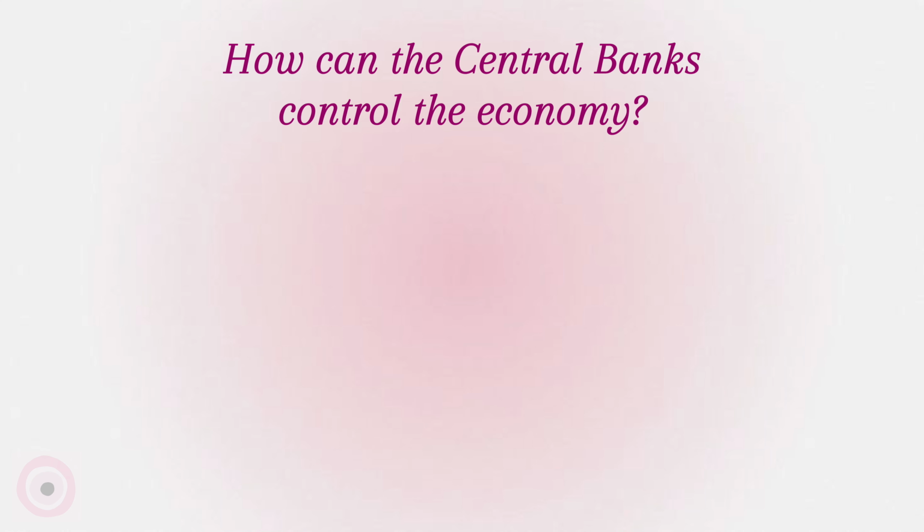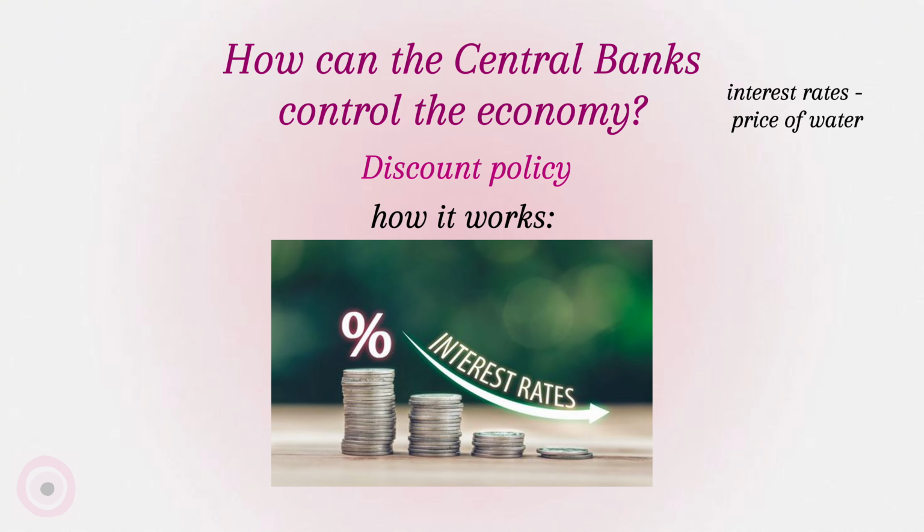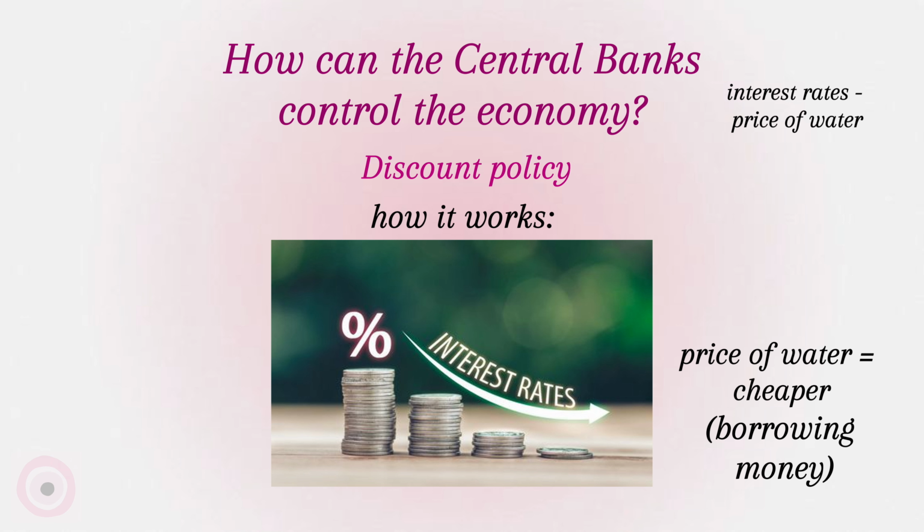The second tool is discount policy, where interest rates can be compared to the price of water, and this is how it works. When interest rates go down, the price of water is cheaper, meaning borrowing money is cheaper.